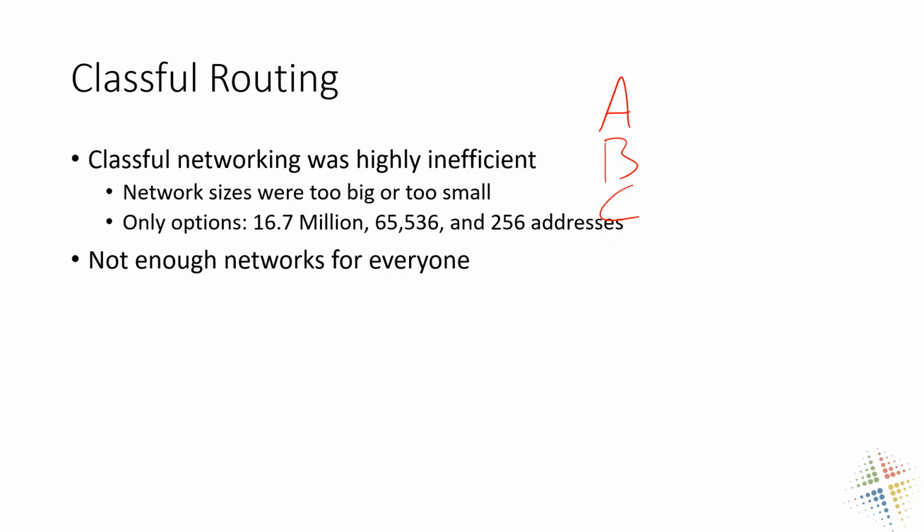As you looked around, you realized that those networks were either way, way too big or way, way too small. For instance, let's say I had a company and I needed 1,000 IP addresses. Well, I look at my possibilities. I have an option to get a Class C address with 256 addresses, a Class B with 65,000 addresses, or a Class A with 16.7 million.